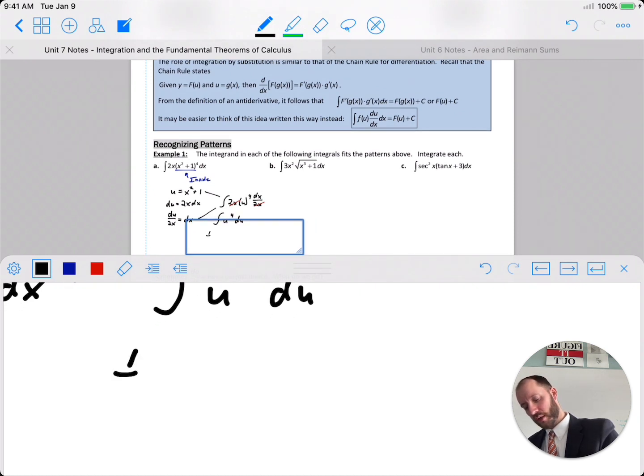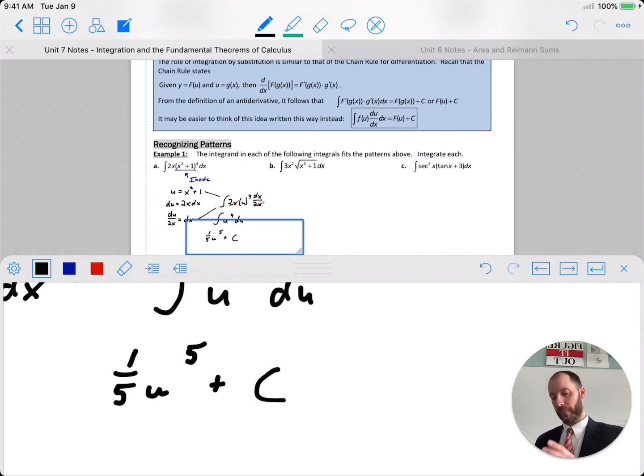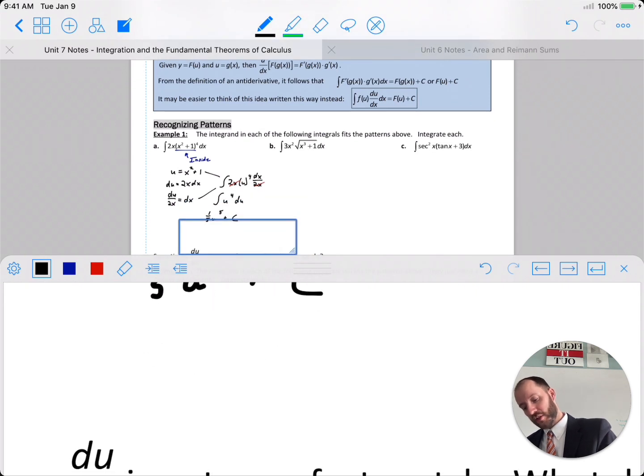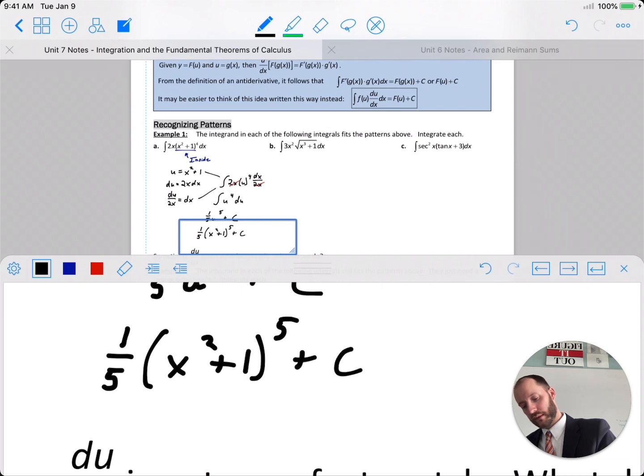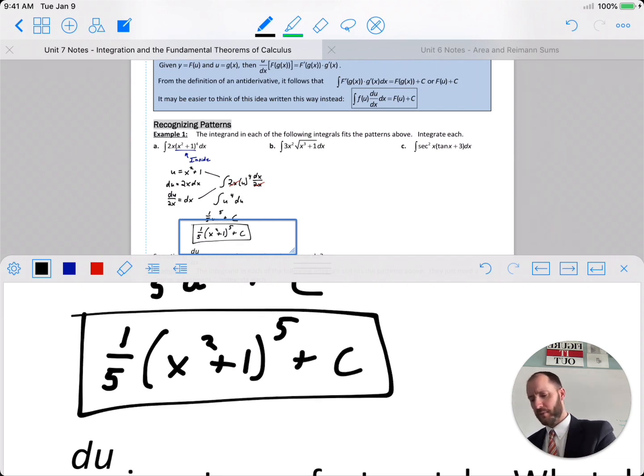So 1/5 u to the fifth, and this is an indefinite integral, so don't forget plus c. Then the last step is resubstitute your u value. So x squared plus 1, plug that back in for u, and plus c. And this seemed really simple.